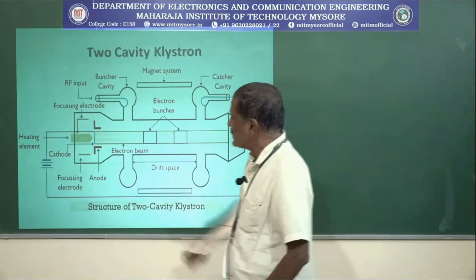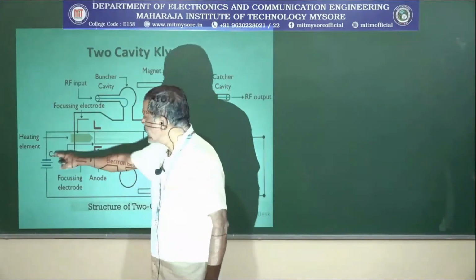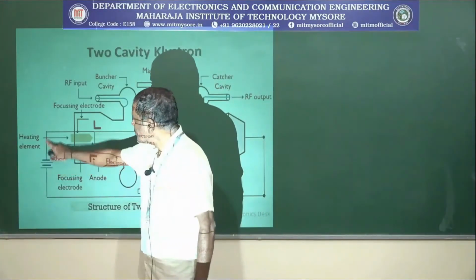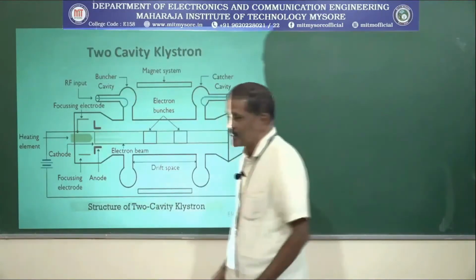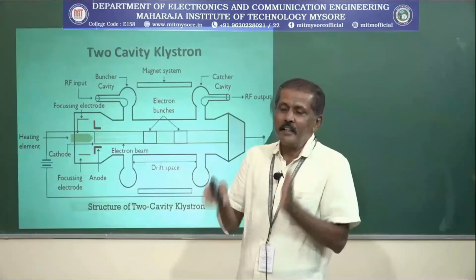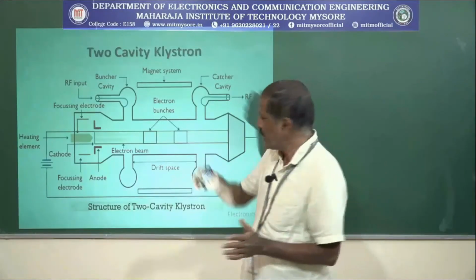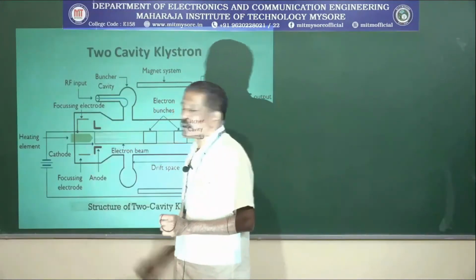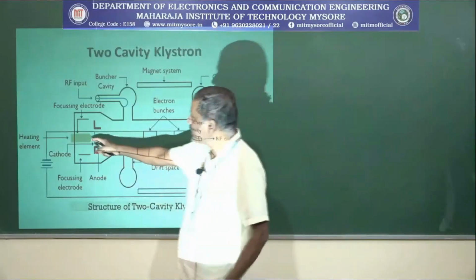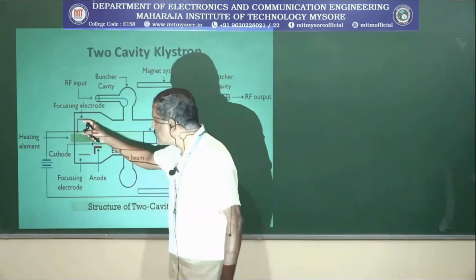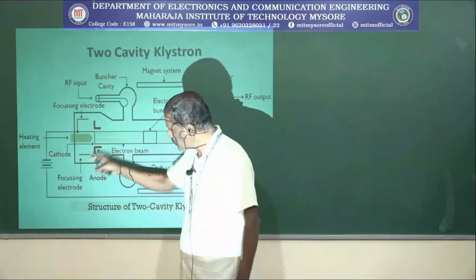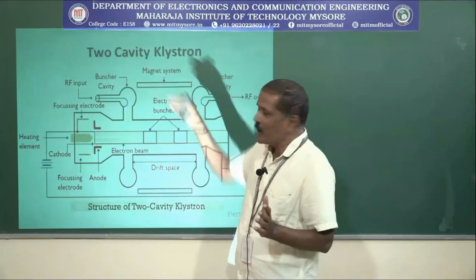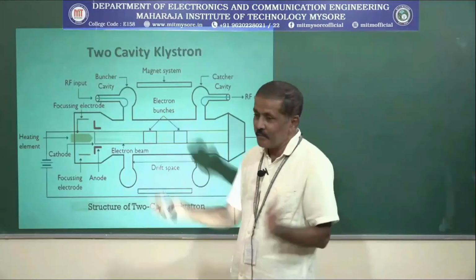For these focusing electrodes, we apply a negative voltage. The electrons are negatively charged particles, and the potential applied to these electrodes is also negative. Even if any of the electrons move toward a focusing electrode, because the charge of that electrode is also negative, the electrons will repel.